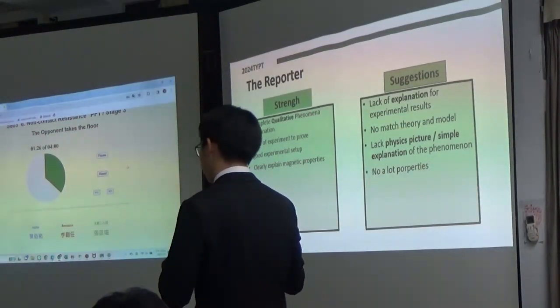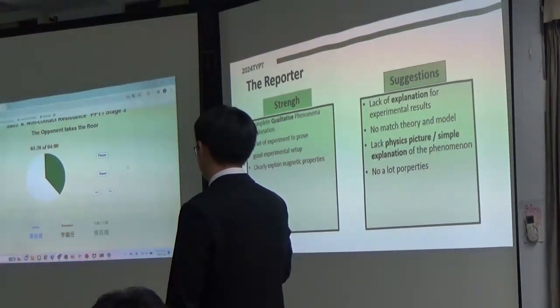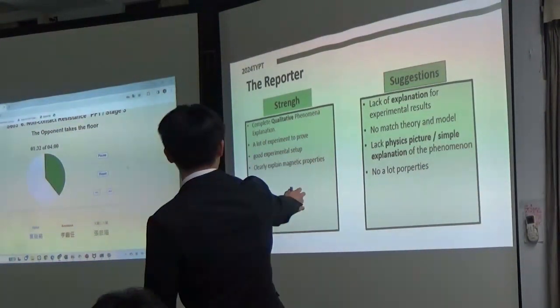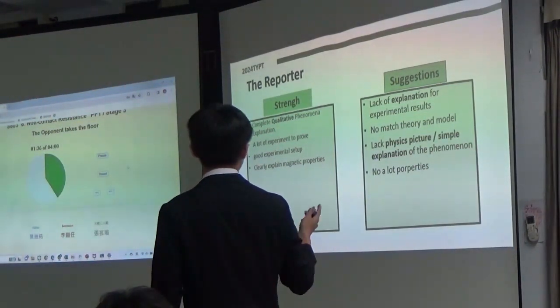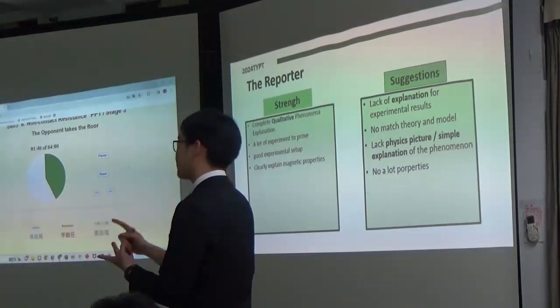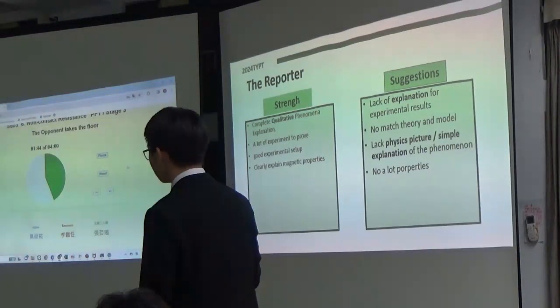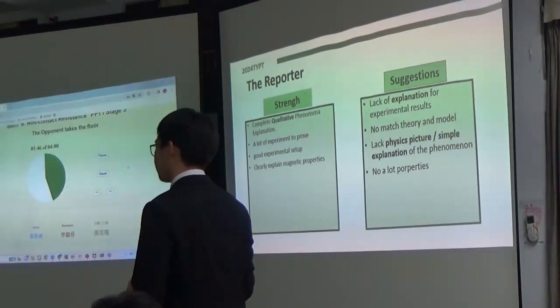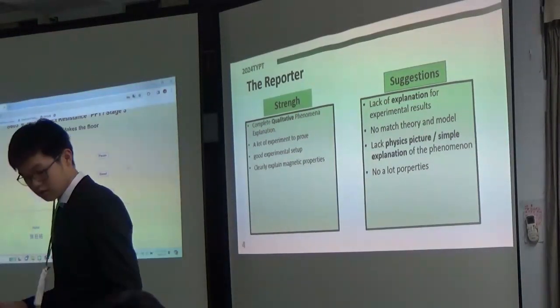He didn't say how the inductor's properties change when we insert the rod, and he lacks a physics picture or simple explanations of the phenomena. He just talked about the permeabilities and conductivity. So I think there are a lot of properties that can be discussed. So let's start to discuss.